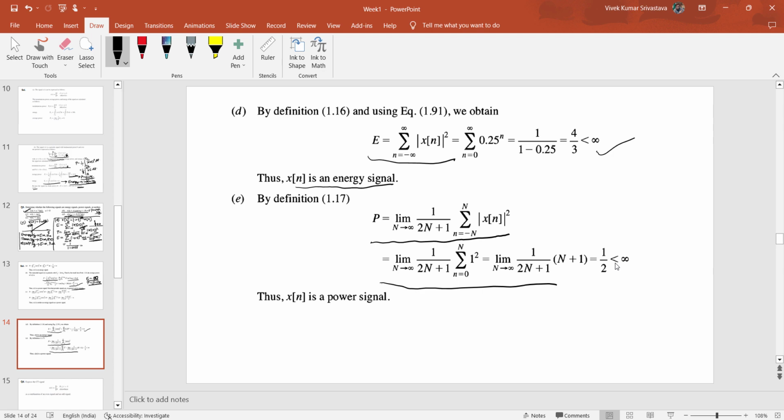Once you calculate, you will find that the power is equal to 1 by 2, which is a finite value, and when you calculate the energy for this signal, it will be infinite. I am leaving this exercise for you to calculate by yourself, and once you calculate, you will get that it is a power signal. Any doubt in this question?